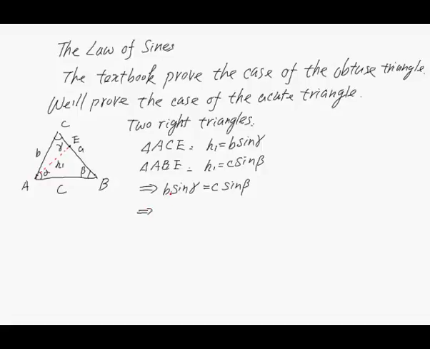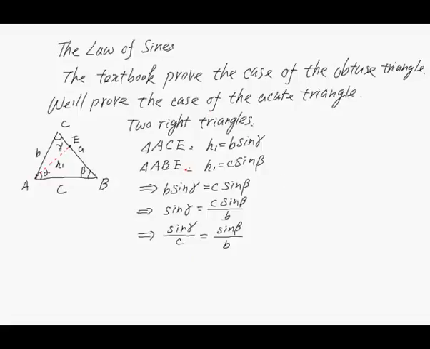And then you divide both sides by B, so you have sine gamma equal to C times sine beta over B. And then you divide both sides by C, you have sine gamma over C equal to sine beta over B. So now we establish the first equation in the law of sines.